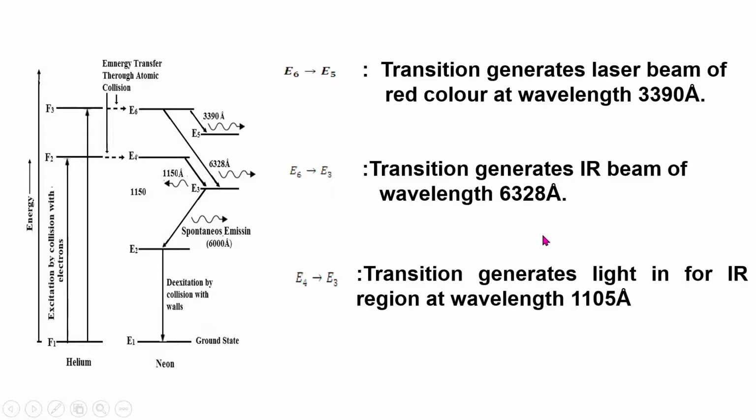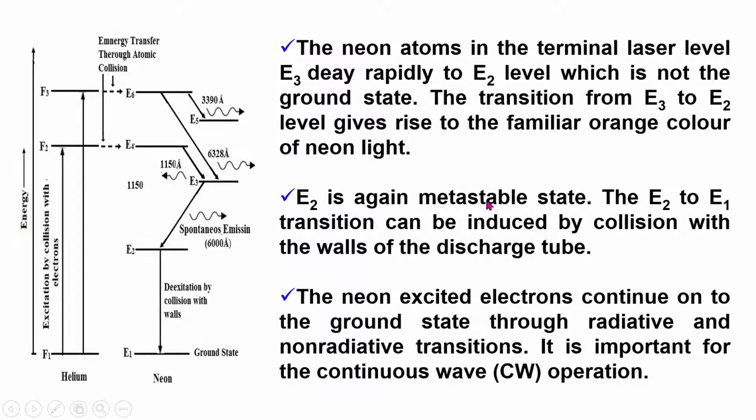which energy levels in a neon atom act as a metastable state, where the population inversion arises, and how much radiation will be generated during these three types of transitions.